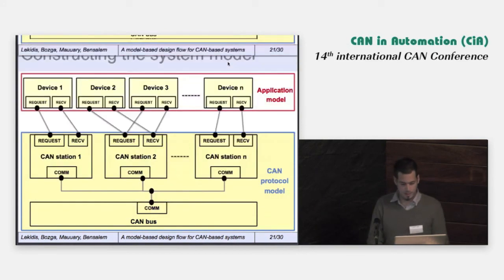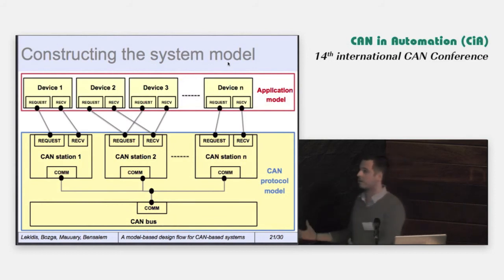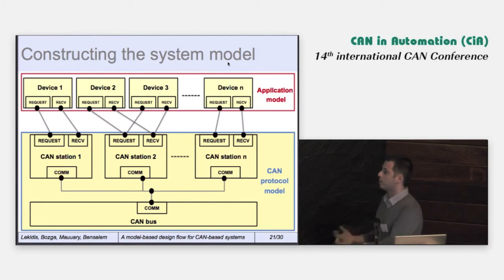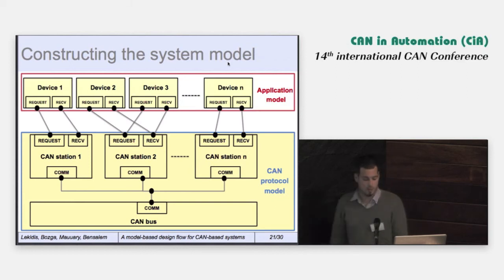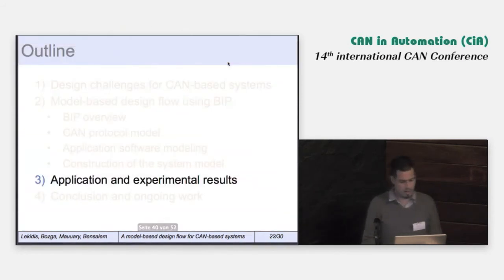And this application glue, which is modeled by interactions, will allow me to have a set of devices which will generate frames and will be connected to one or many CAN stations accordingly, as shown in this scheme.